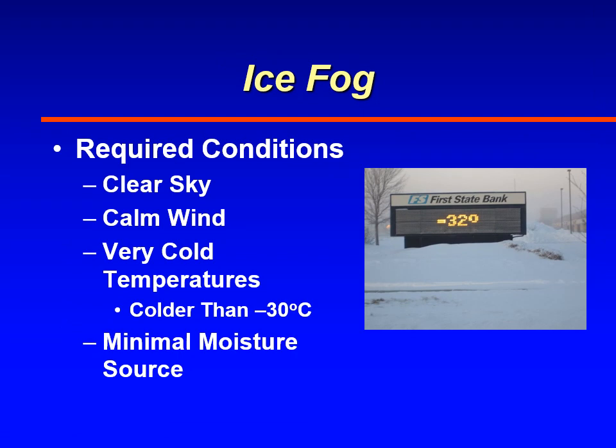The conditions that you need: clear skies, of course, calm winds, typically really light winds or hardly any wind at all, and also very cold temperatures. We're talking temperatures colder than -30, and also little moisture in the atmosphere. You're talking very low dew points, and that means there's not much moisture in the atmosphere.